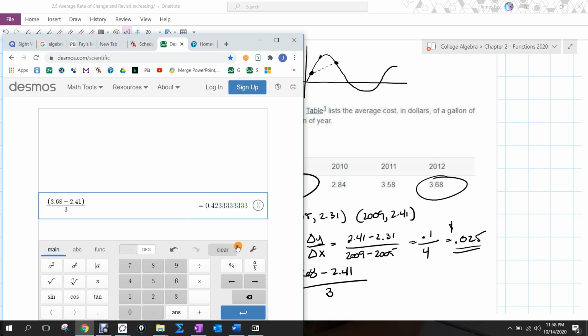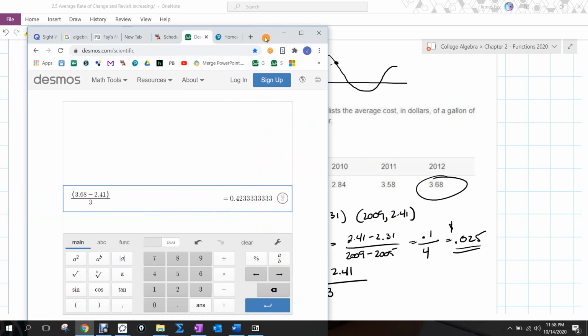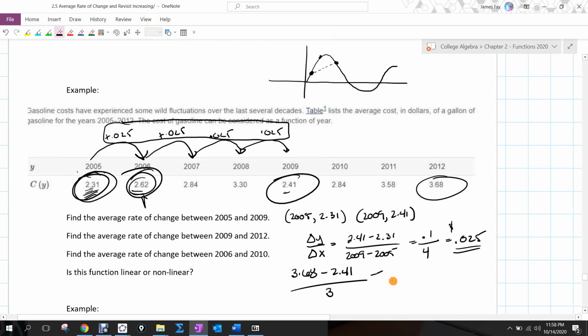When I do that quotient of 3.68 minus 2.41 divided by 3, I get 0.4233. And that's in dollars again, so 0.4233 repeating dollars.